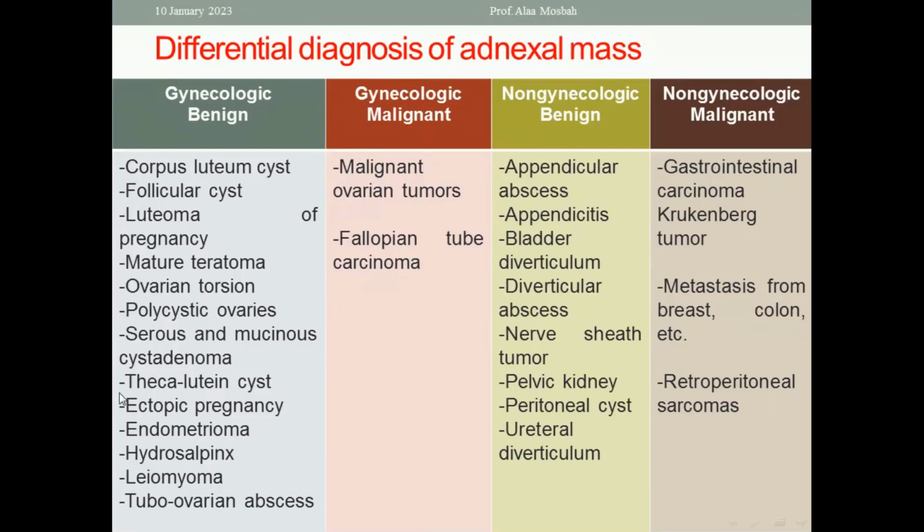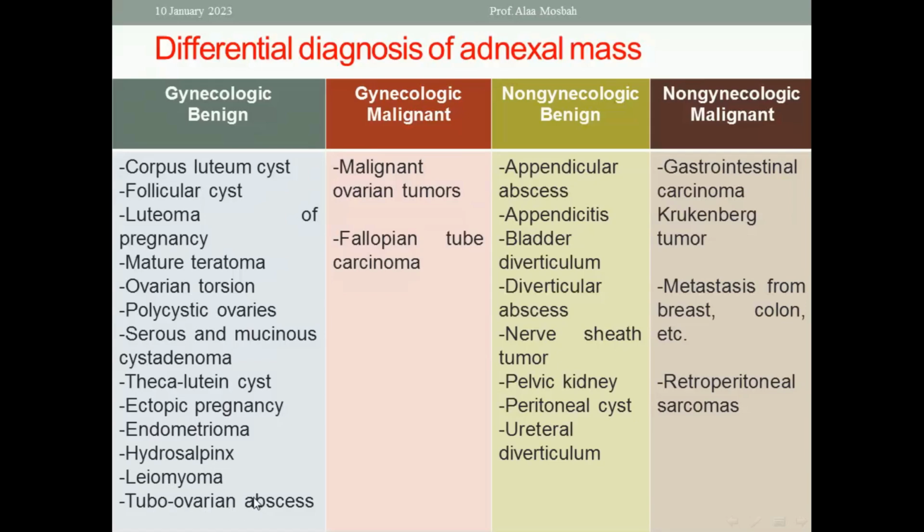What is leiomyoma? I said leiomyoma in the uterine mass, not adnexal, but here leiomyoma can also be broad ligament leiomyoma, or ovarian fibroma. Also, a benign tumor of the ovary is called ovarian fibroma, or leiomyoma of the broad ligament.